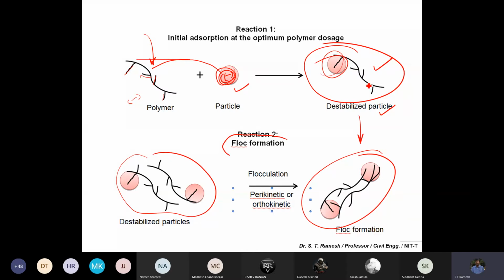Number one, destabilized: if the particle is attached on one active site, it becomes completely destabilized. When two individually destabilized particles meet or collide with each other, they form a flock like this. Individually they may not have much gravity, but with 2-3 particles added together they become heavier and can be easily separated in a settling or clarification tank.